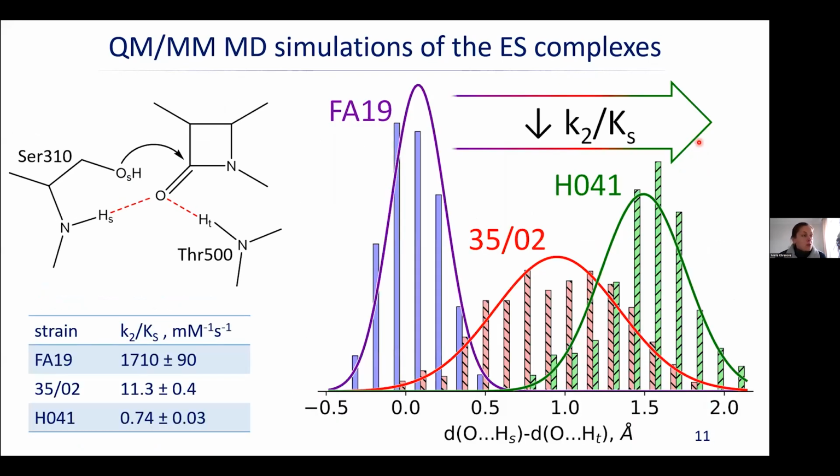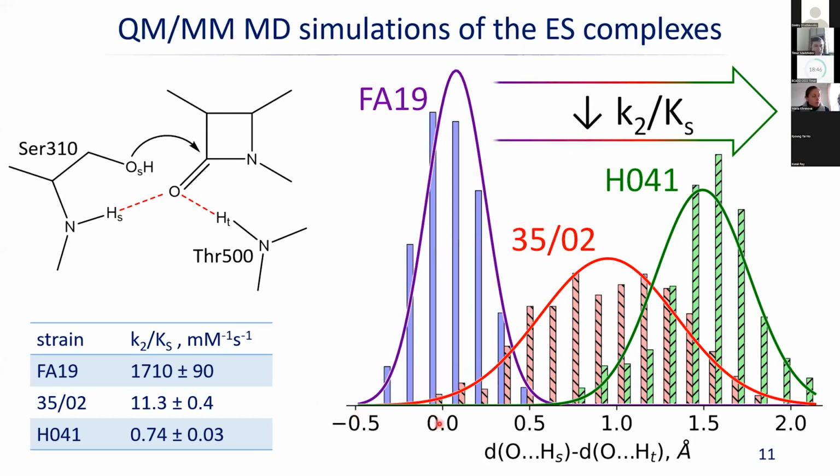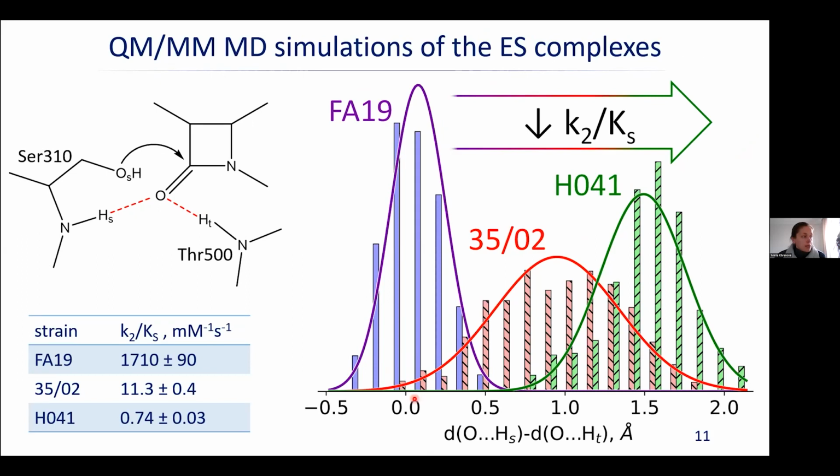Another important geometry criterion is the difference of two interatomic distances of two hydrogen bonds, as it allows to quantify not only the individual parameters but also their interrelation at each frame. So we can find that this distribution corresponding to the PBP2 from the wild type strain is centered at around 0, indicating that both hydrogen bonds are almost of the same length at each MD frame.